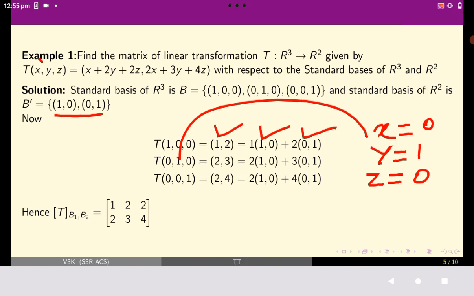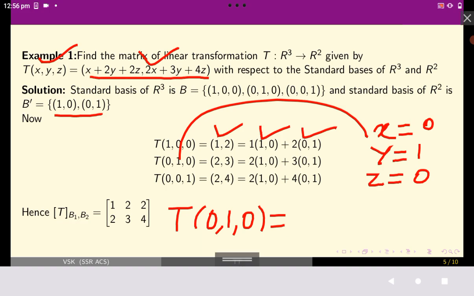And T(x,y,z) becomes this. So T image of (0,1,0) will become, according to this definition, because x is 0, y is 1, and z is 0, first we will get 2, and here again x is 0, y is 1, and z is 0.